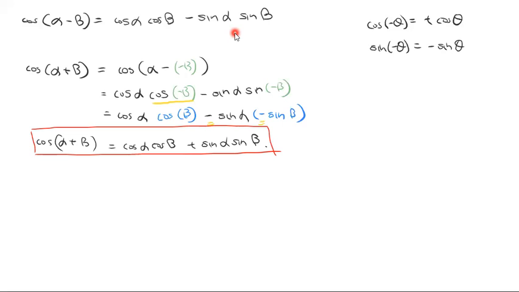So cosine of alpha plus beta equals cosine alpha cosine beta plus sine of alpha sine of beta.